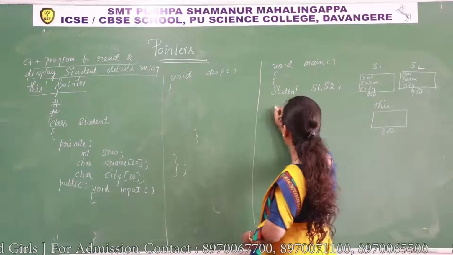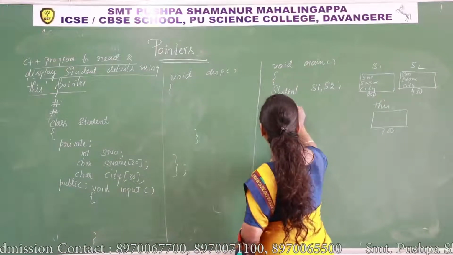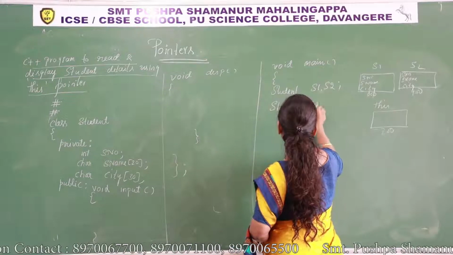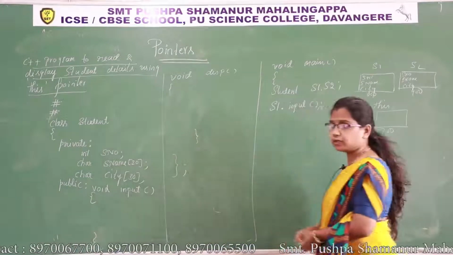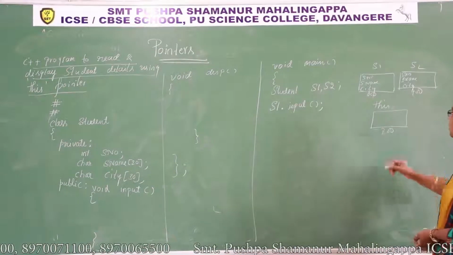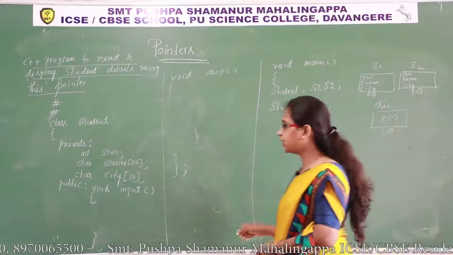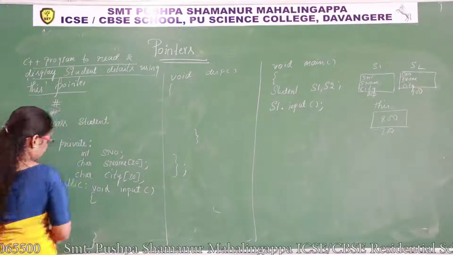Now I will call the function s1.input. Right now, which object is executing? S1 object. What is the address of S1? 800. So 800 will be stored in this pointer. Now how to write the code here?